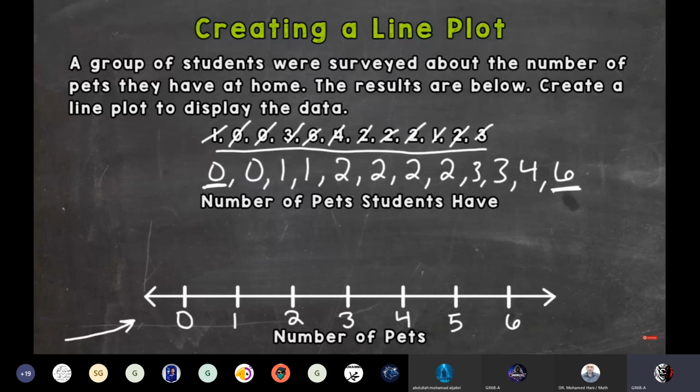Now, you don't need a number line that counts up to 20. That would be unnecessary for the data we have. And you also don't want a number line that only goes up to 4, because you would not include some of the data that you need to have on your line plot. So it's very important to think about your number line and what you need to include when you're setting up your line plot.